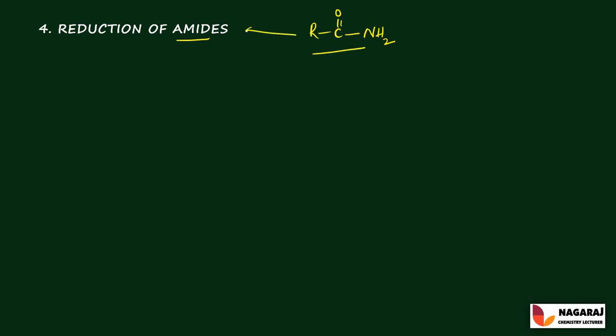Such compounds are generally called amides. In amines, the R group is directly attached to the nitrogen, but here the RCO group is attached to the nitrogen, hence it is called an amide. So how to convert these amides into amines?